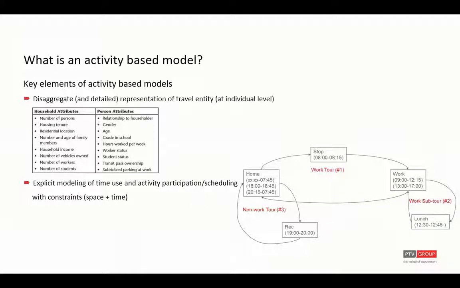And most activity-based model calculators differ mainly in the scheduling as well as the explicit activity participation, which could be either joint household or individual only. So these are a couple of key things in which an activity-based model is different from the traditional models that are 4-step and tour-based models that we use.